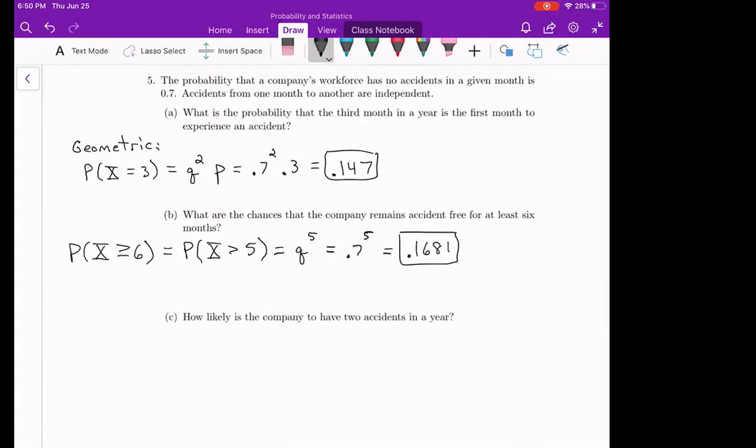And then part C, how likely is the company to have 2 accidents in a year? So now this one, is this still geometric? No. Is it negative binomial?